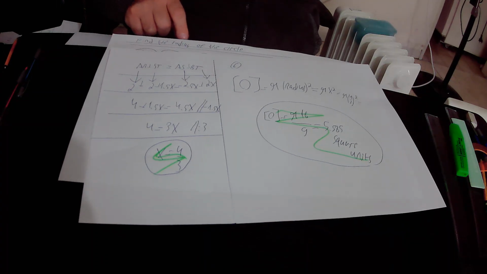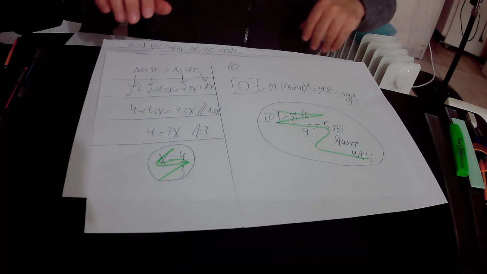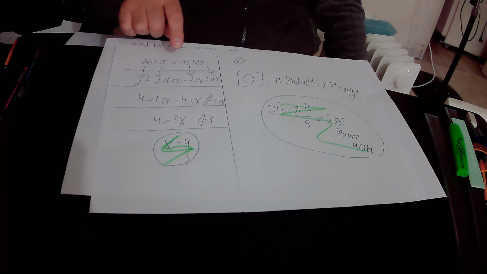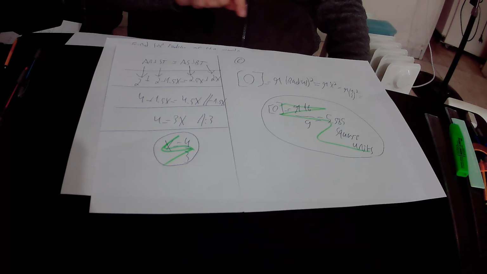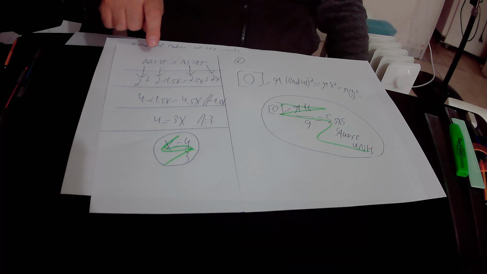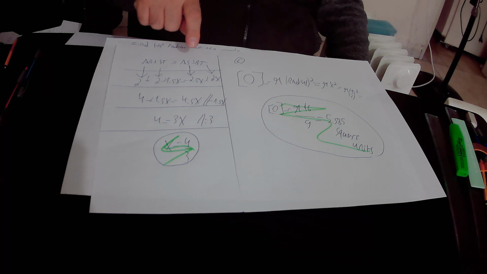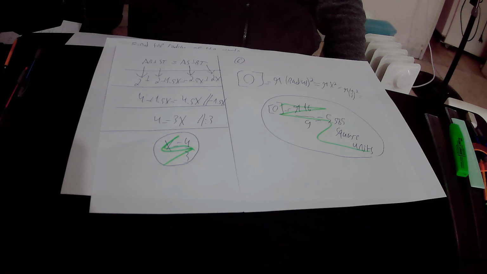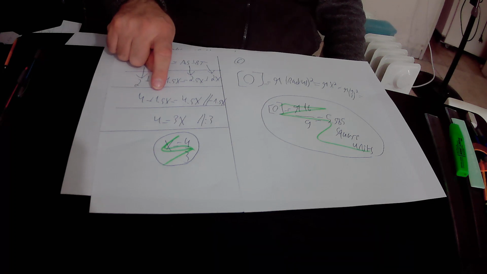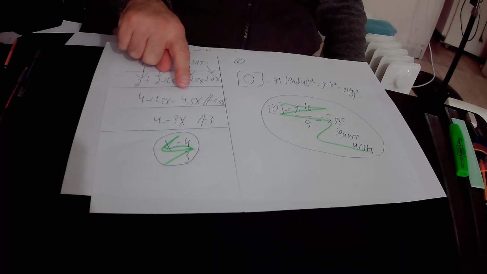So in conclusion, we found out that 2 plus 2 plus 1.5x equals 2.5x plus 2x. 2 plus 2 is 4, so in total, on this side of the equation, we have 4 plus 1.5x. That equals 2.5x plus 2x, and 2.5x plus 2x is 4.5x. So we found out that 4 plus 1.5x equals 4.5x.